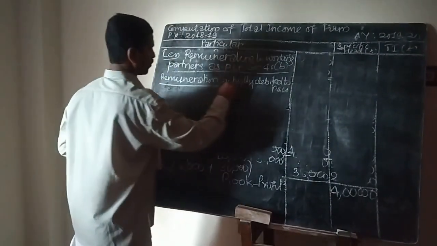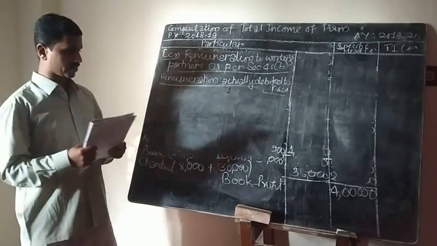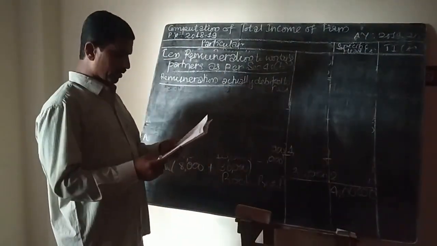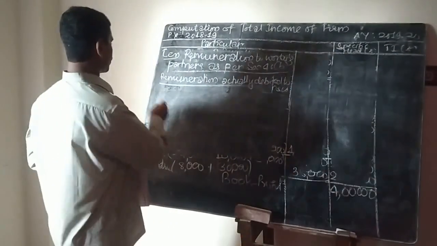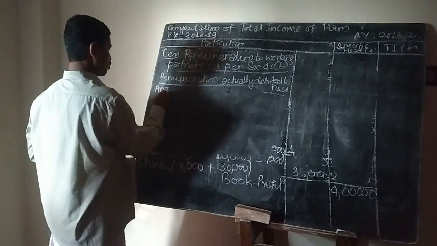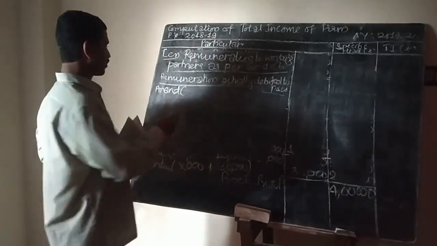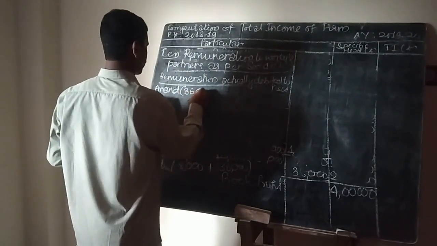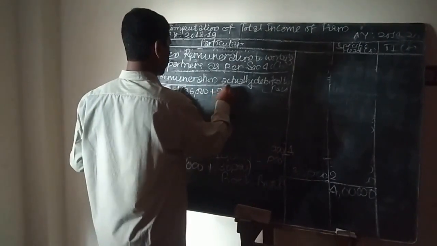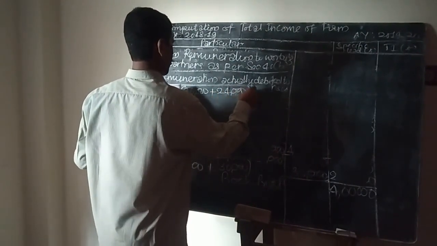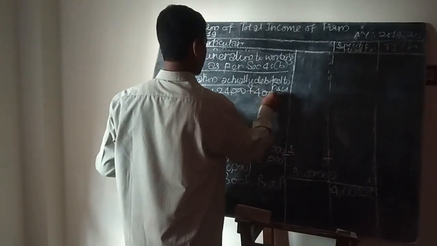Here we should take into account only the working partners, and the working partners here are only Anand and Chandru. Anand has been paid a salary of rupees 36,000 plus a bonus of rupees 24,000 plus a commission of rupees 40,000.